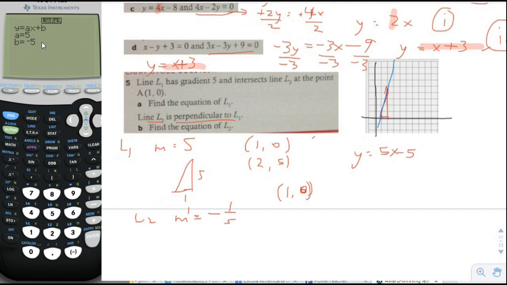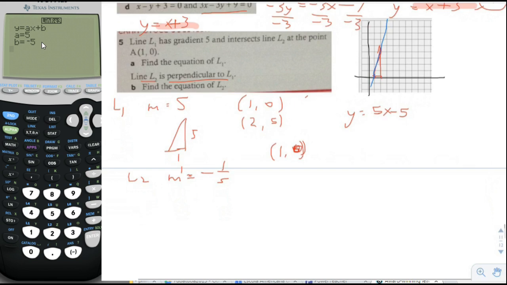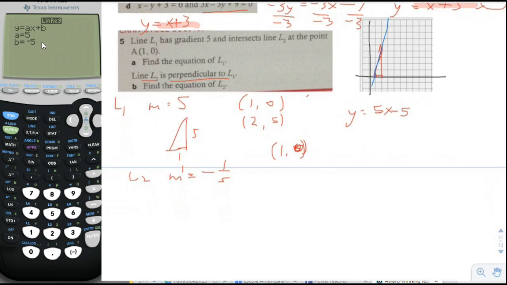Okay, and now let's do this one with algebra just to vary things a little bit. So we have one point that we know, which is (1, 0). And we know that the equation for the line is y equals m, which is negative 1/5, x plus c. We don't know what c is. But we do know that one point on the line is x equals 1, y equals 0.